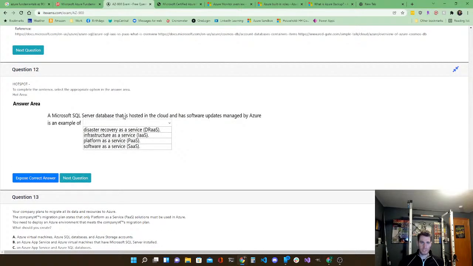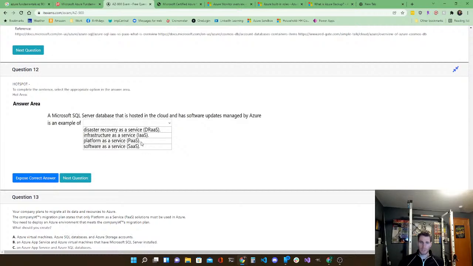A Microsoft SQL Server database that is hosted in the cloud and has software updates managed by Azure is an example of... I still think that's platform as a service, even if the updates are managed by Azure.